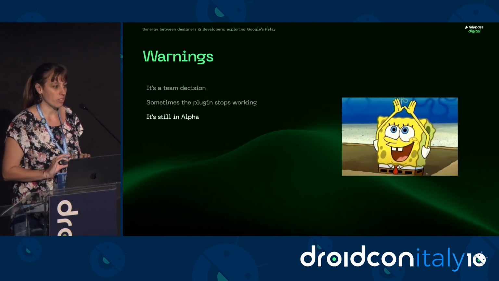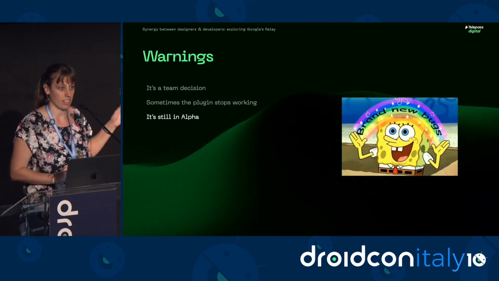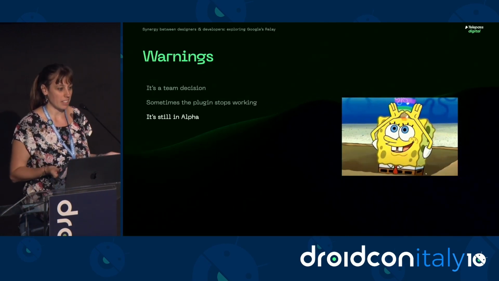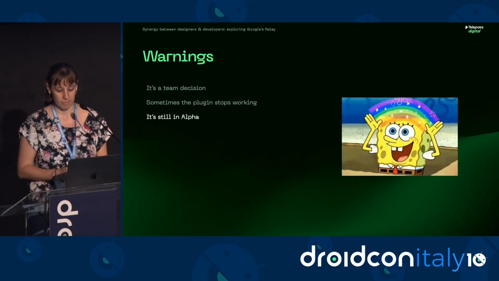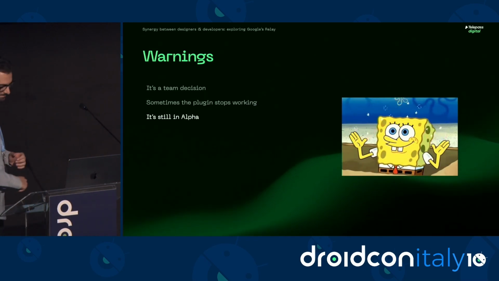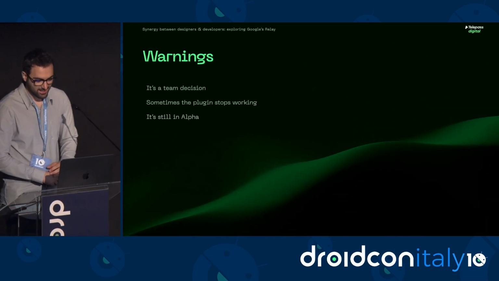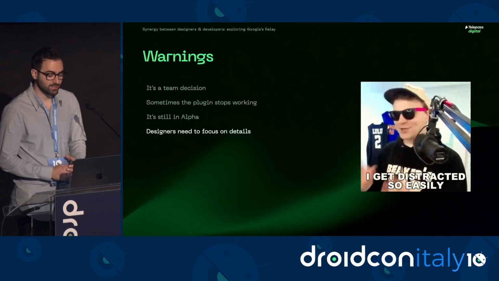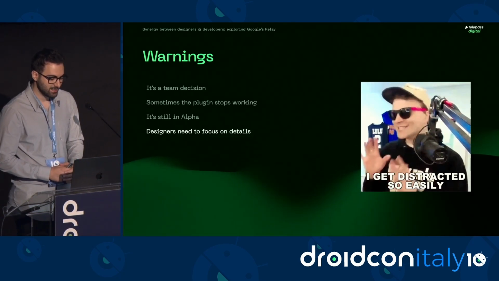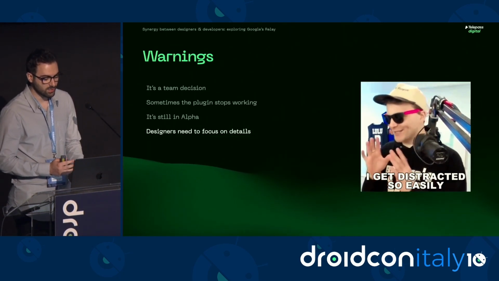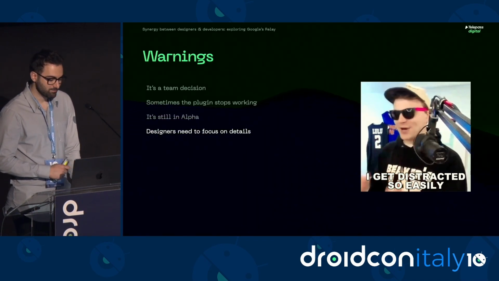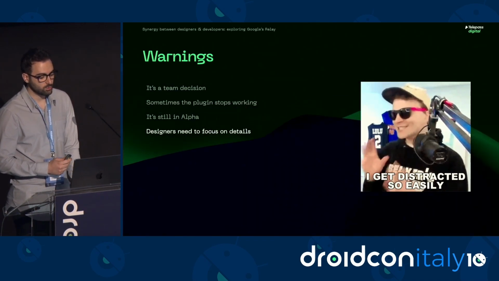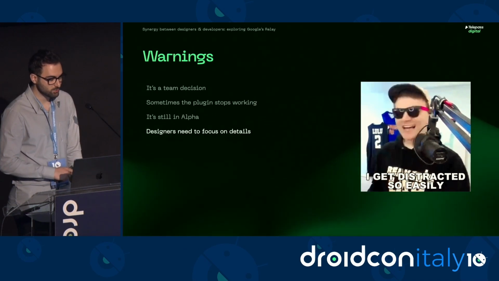And another point to emphasize is the fact that it's still in alpha version, so it presents bugs and technical limitations that may be fixed with future updates. Moreover, designers will need to pay more attention to details, such as ensuring that frames are structured identically in variants and that components' names are unique. Otherwise, the generated code will not be able to distinguish which class to use.